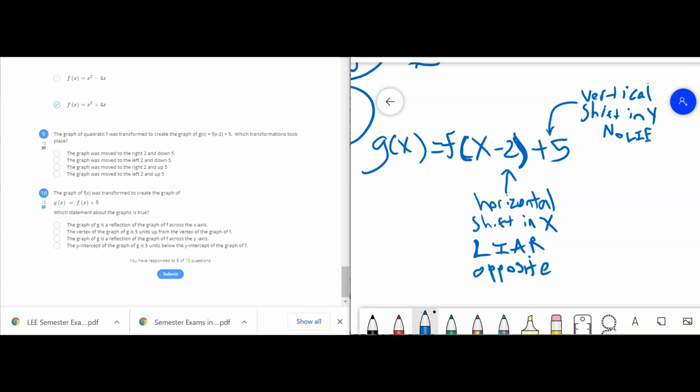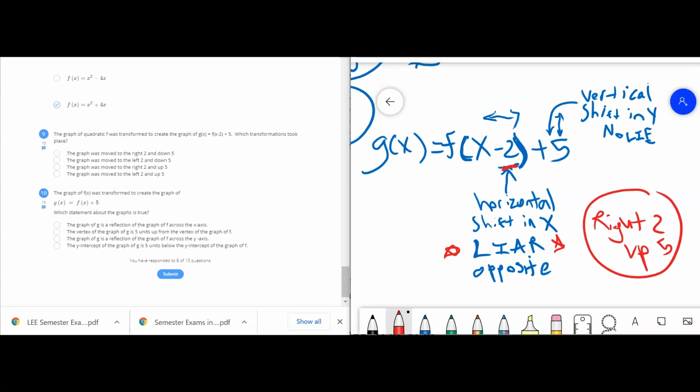So when you're thinking horizontally, if you think -2 horizontally, you would normally think left 2, but since it's a liar, we know that's really going to be right 2. And then remember, this one over here is vertical, up and down. So +5 means up 5. All right. So right 2, up 5, that's going to be the third answer choice for number 9.